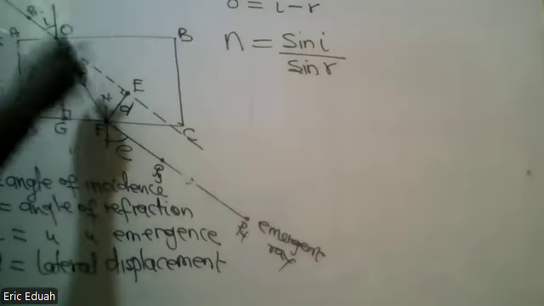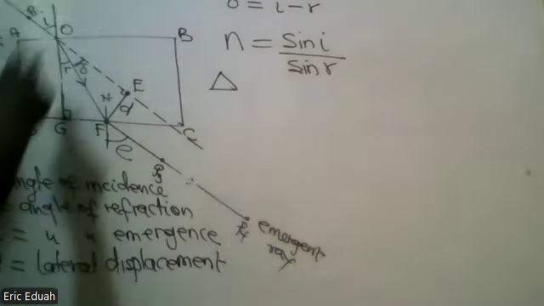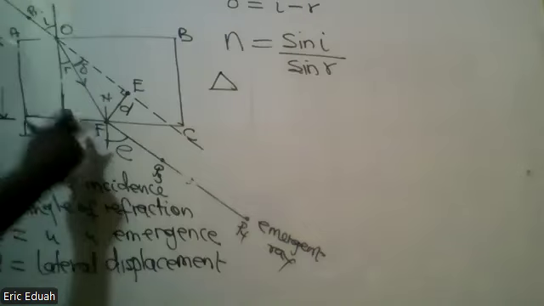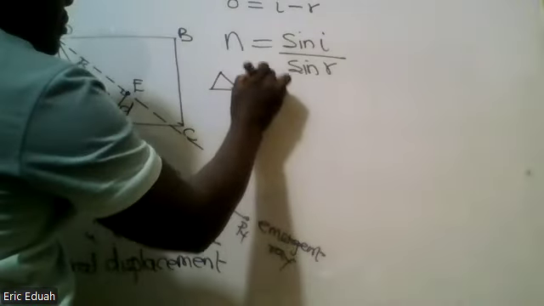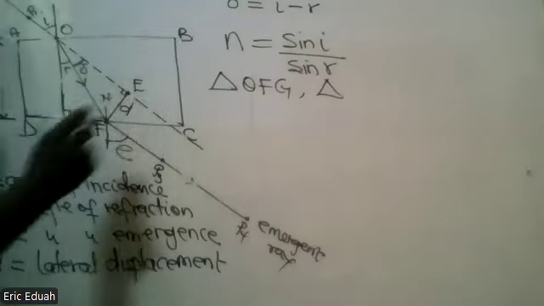We have two right-angled triangles over here. We are talking about triangle OFJ and triangle OEF.